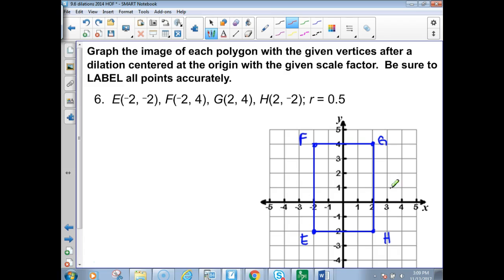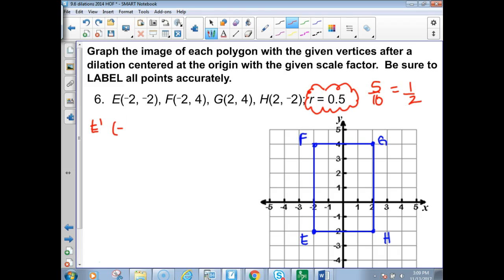Okay, make sure your original figure's in the right spot. And now check out the scale factor. It says 0.5. What does 0.5 mean? Let's think about that decimal. 0.5 is 5/10, right? Which reduces to 1/2. Or if you don't get that, you can just multiply 0.5 times -2 and you're going to get it. But it's just like you are dividing by 2.